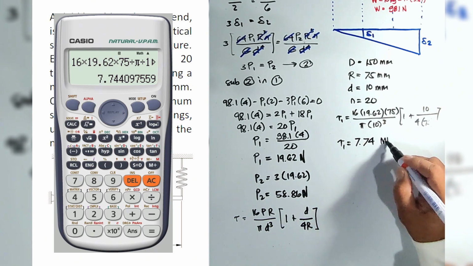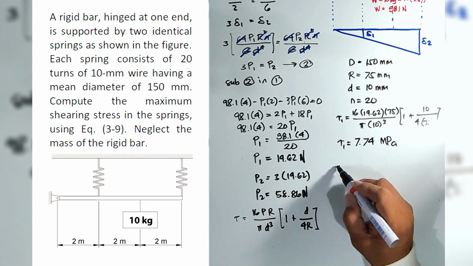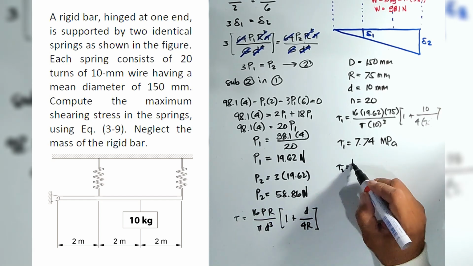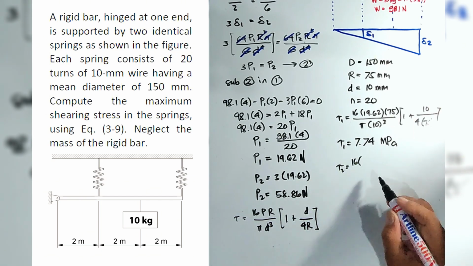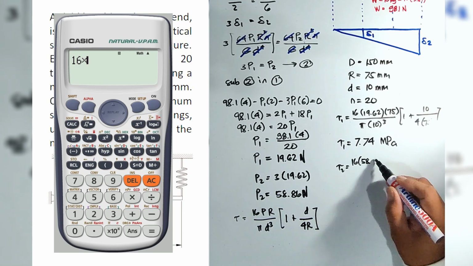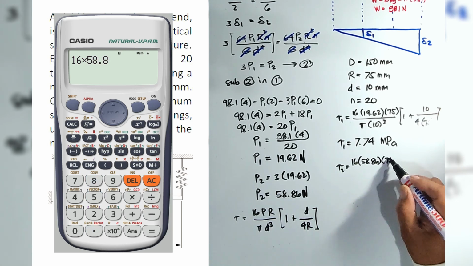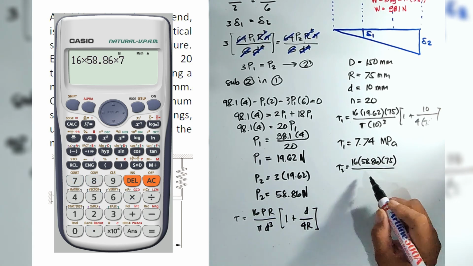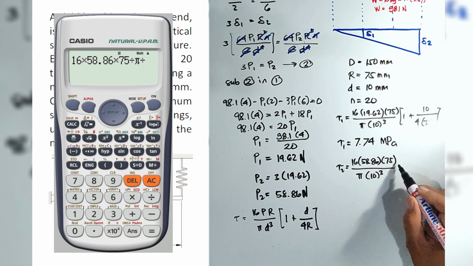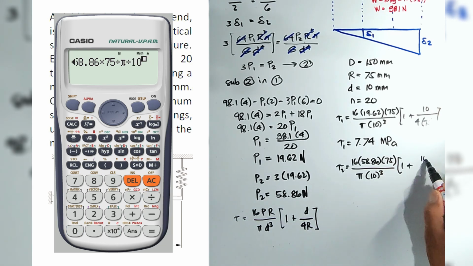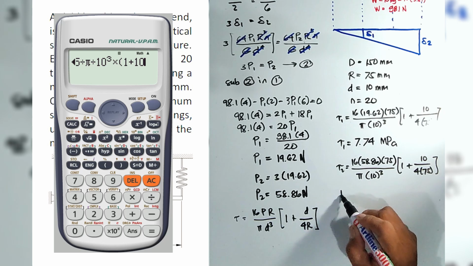The result is 7.74 megapascal. Shearing stress for spring 2 is 16 times P2, which is 58.86, the same mean radius of 75, divided by pi times 10 cubed, times 1 plus 10 over 4 times 75.